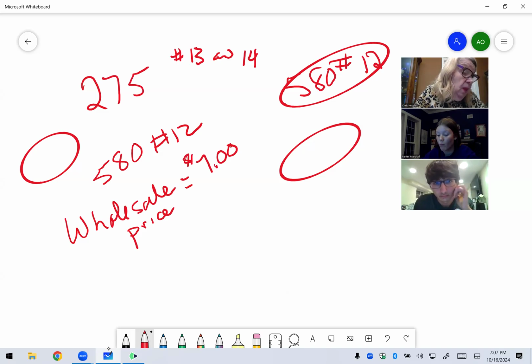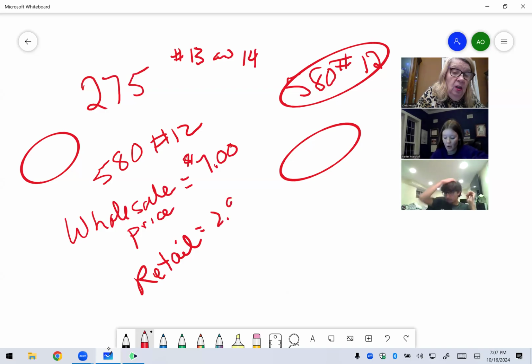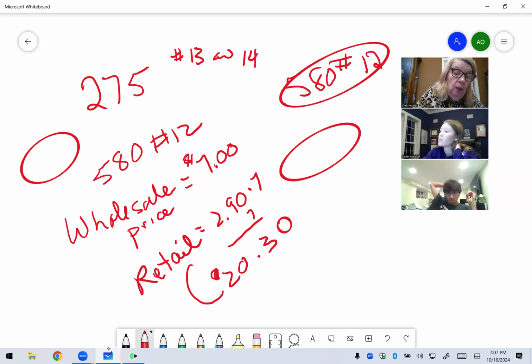But then the company's going to resell them at a price that's 290% more. So the retail price will be 2.90 times $7. And so that's a pretty high markup. So they're selling these souvenirs at $20.30.